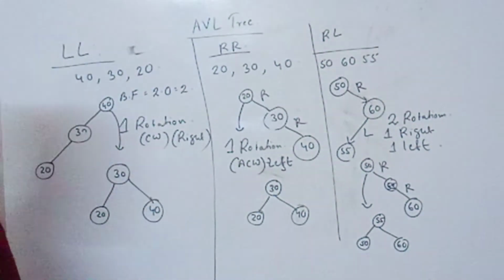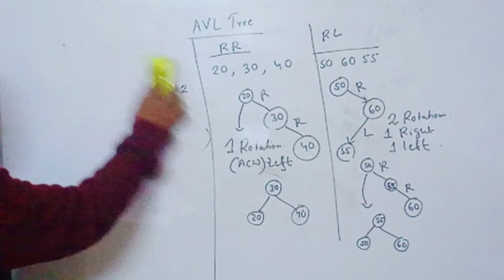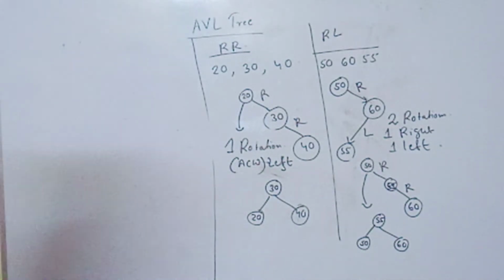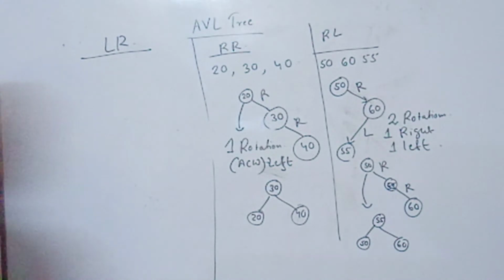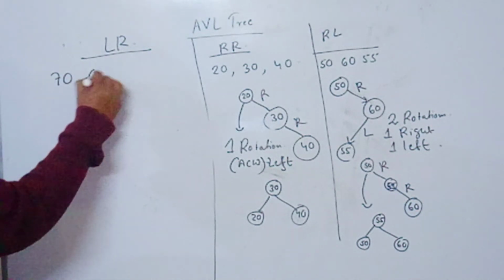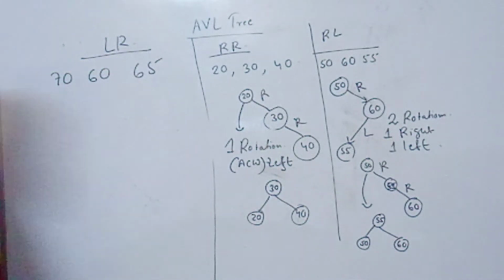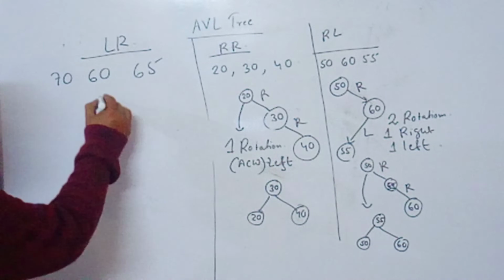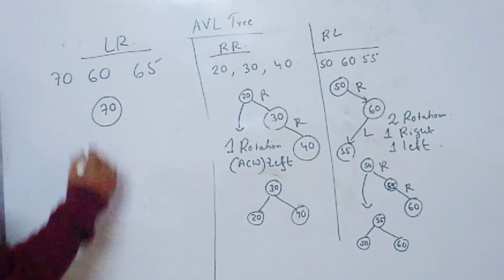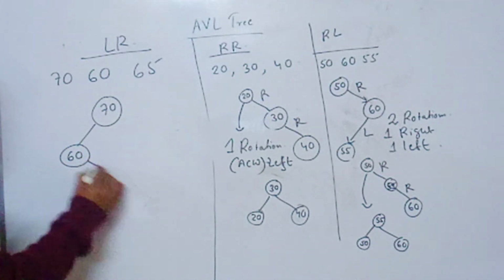Now after that, we have the LR imbalance. When does it happen? If we have the values 70, 60, 65 in this order, 70 is the first node, 60 will be the left child of 70 because it is less than 70, and 65 is the right child of 60.